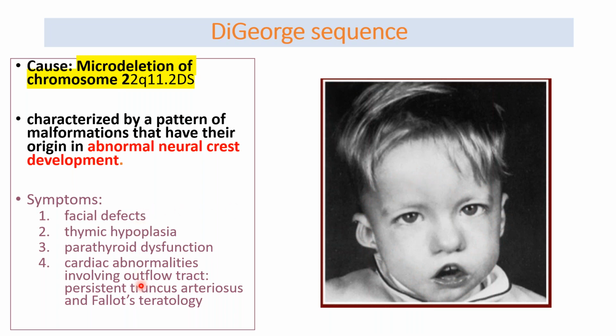And the cardiac abnormality involves the outflow tract, because the neural crest cells were also forming the conal cushions and the truncal cushions, the formation of the conotruncal septum. So there will be persistent truncus arteriosus and tetralogy of Fallot in the DiGeorge sequence.